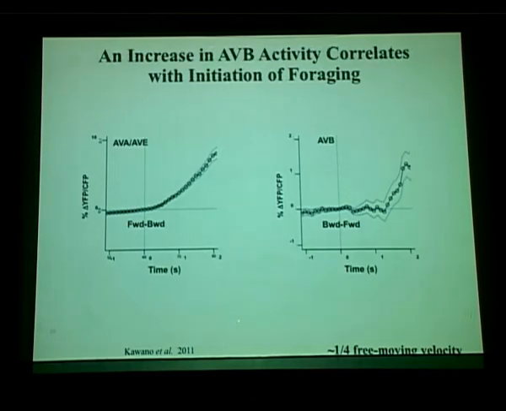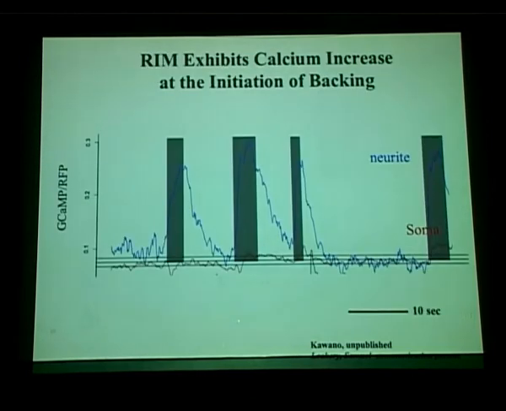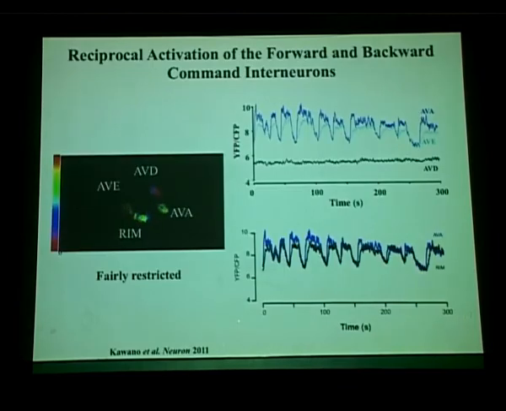So after we surveyed all the premotor interneurons, we basically have 2 classes. One class's activity increase corresponds with initiation of backing, and the other corresponds with initiation of forward movement. That suggests that these 2 classes of premotor interneurons have anti-correlated activity.